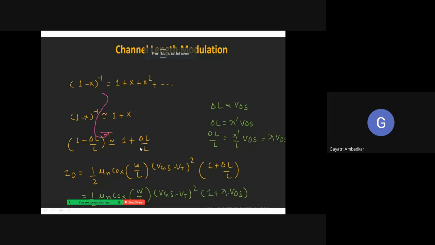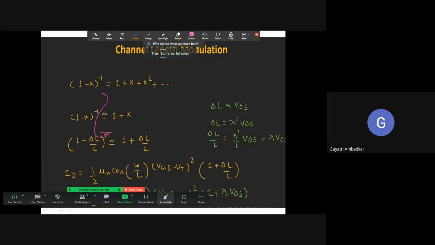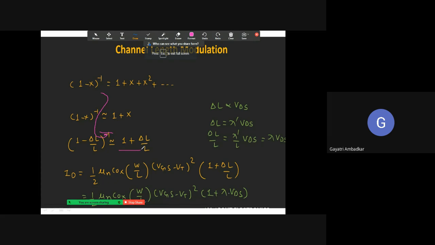So in the equation I have to put this, because now my channel length is varying. So I will multiply ID by this term. And this change in the length, this delta L, depends on how you are varying VDS.